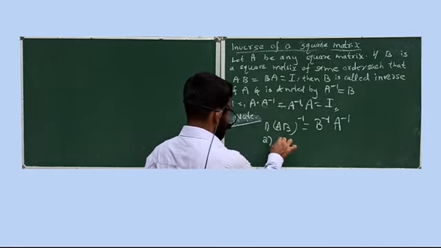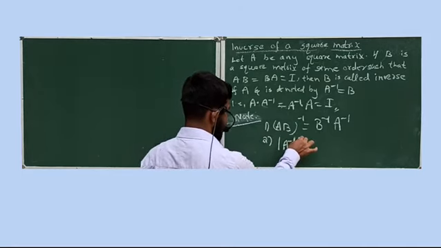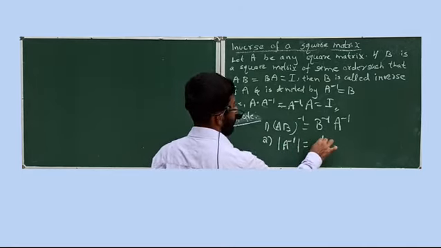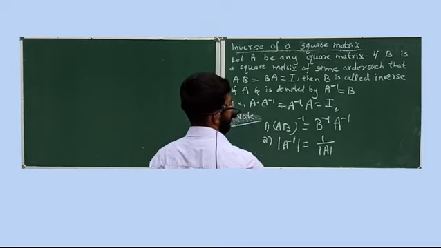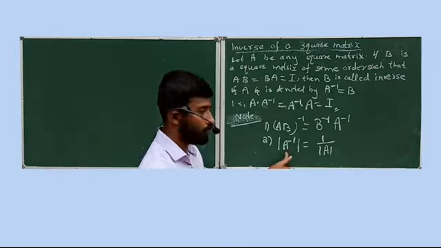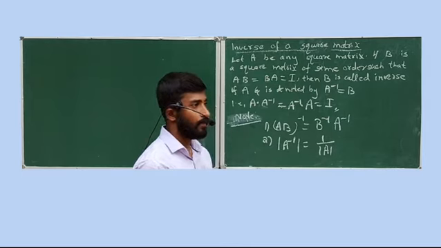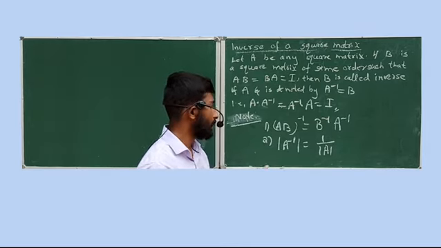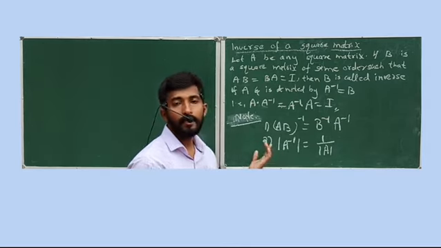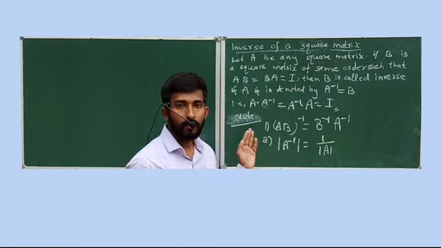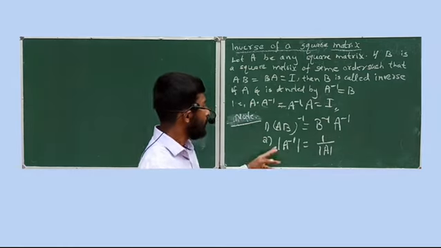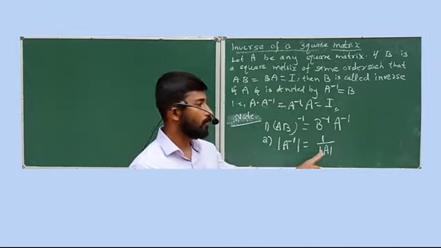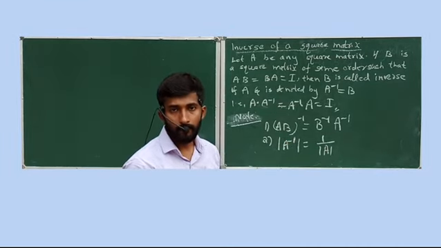Second note is determinant of A inverse is equal to 1 by determinant of A. It's a 1 mark question. Suppose matrix A is given and the question is to find determinant of A inverse. That time there is no need to find A inverse. You can directly apply the formula determinant of A inverse equal to 1 by determinant of A.